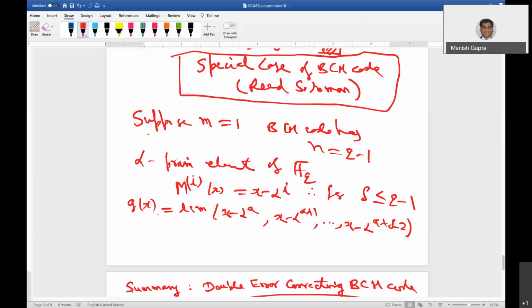Or this is nothing but the product of x minus alpha raised to power a, x minus alpha raised to power a plus 1, dot dot dot, x minus alpha raised to power a plus delta minus 2. So this is nothing but the generator polynomial of a Reed-Solomon code.